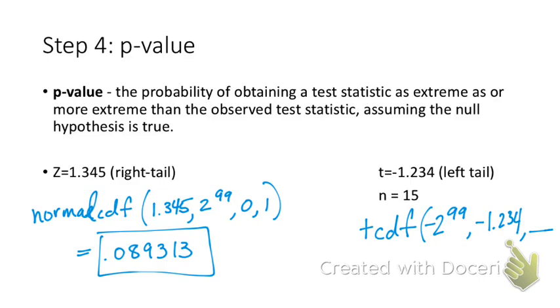And y'all remember talking about degrees of freedom last chapter? It's always n-1. So if our sample size is 15, then 14 goes in this spot right here. So type that in. 0.118758773. So 0.119.